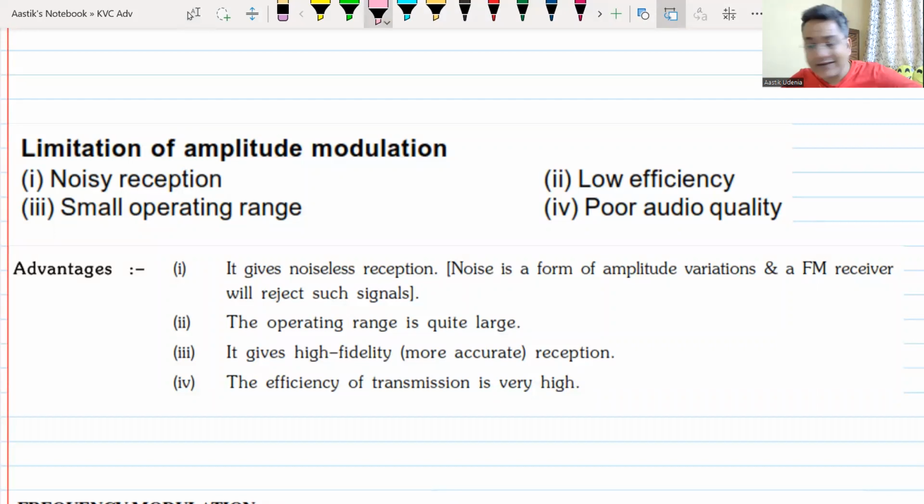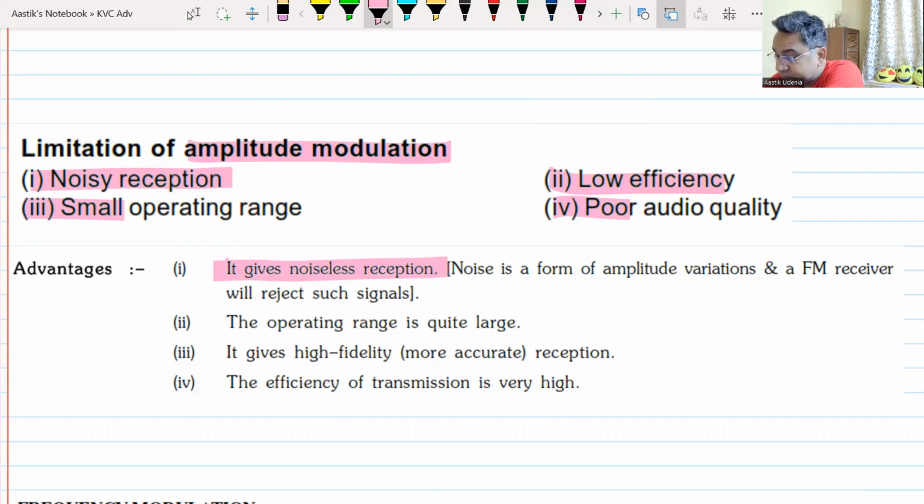Then we move on to the advantages and the disadvantages or limitations of amplitude modulation. For amplitude modulation, the AM wave, AM signal is noisy, has very low efficiency, small operating range, and poor audio quality. If you listen to the AM band on radio, the quality is not good. But what are the advantages? It gives a noiseless reception. Here, the noise that we are talking about is in the form of amplitude variation.